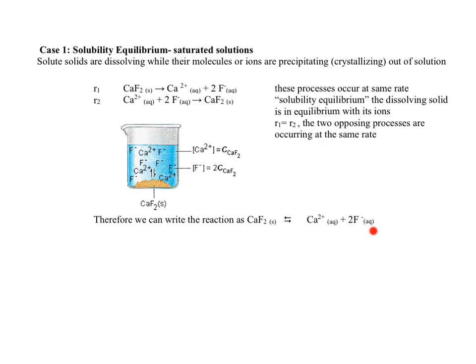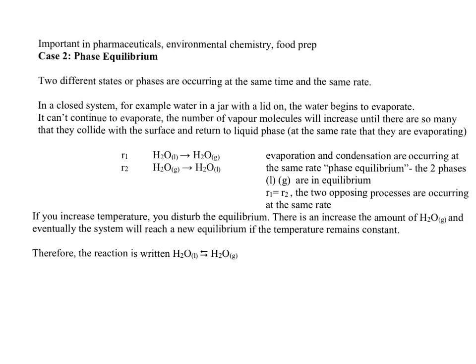Forward is written as left to right, normal, for those of us new to equilibrium, and then the reverse reaction will be going back from the products to the reactants. So reactants to products is considered to be forward, and products to reactants, as it's written, is considered to be reverse.